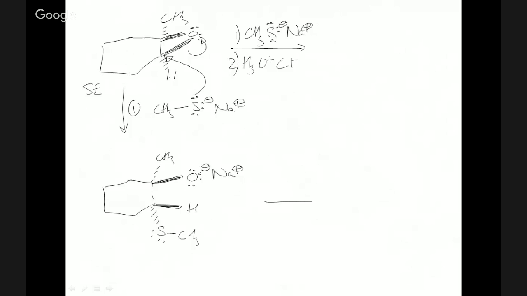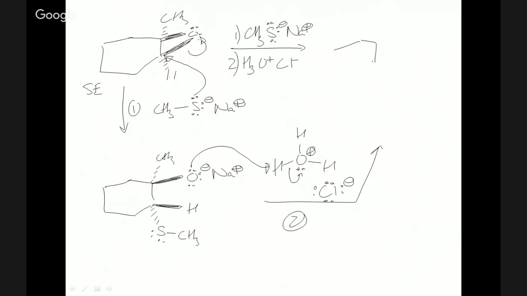Now we're going to treat this with acid. Step 2. Draw out our H3O plus, Cl minus. Where would we get this? We would dissolve HCl in water, get dissociation. This O minus is going to pick up a proton and give the desired product.